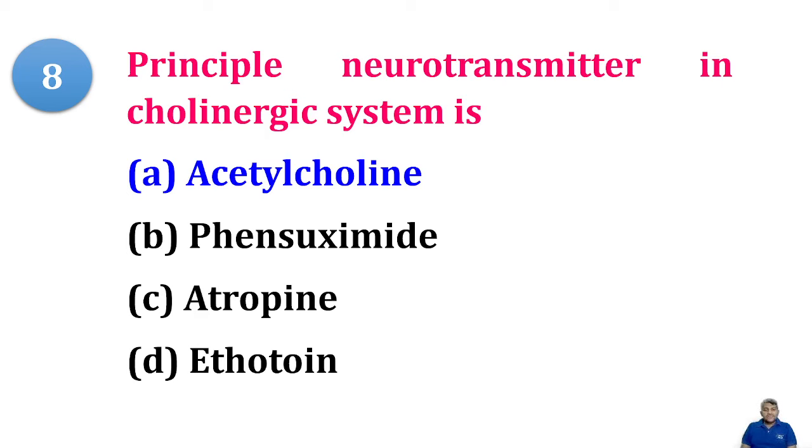And next we have phenosuximide, that is also a useful drug. Atropine is an anticholinergic drug. We have atropine, that is used in many cases.